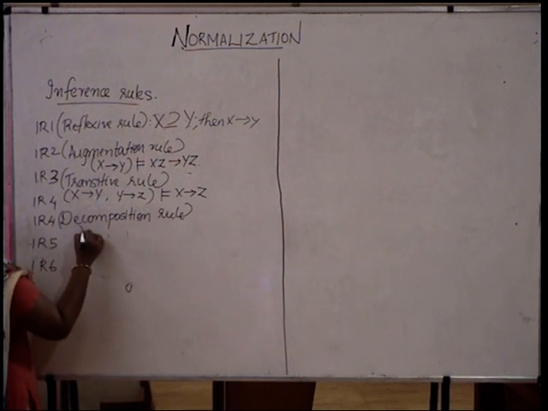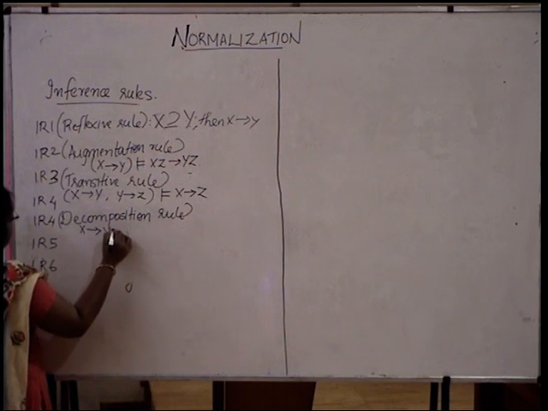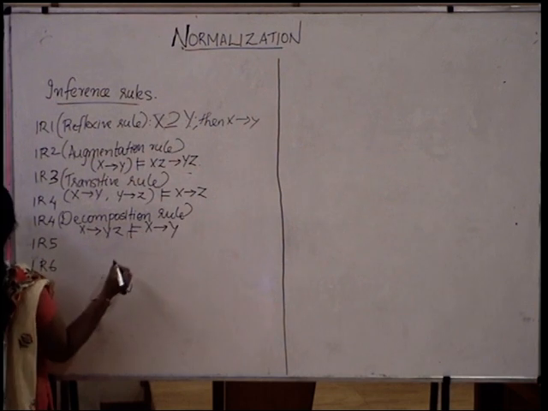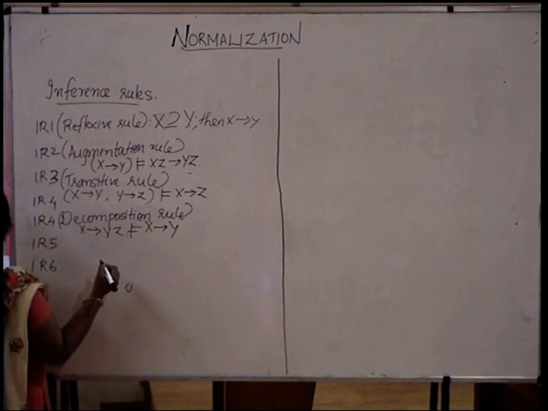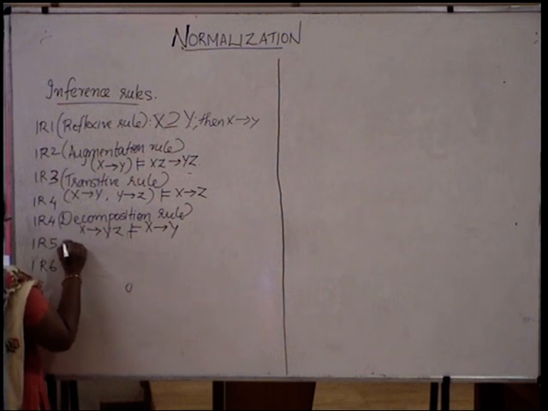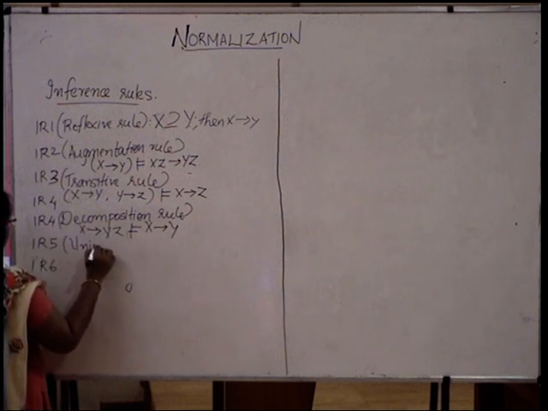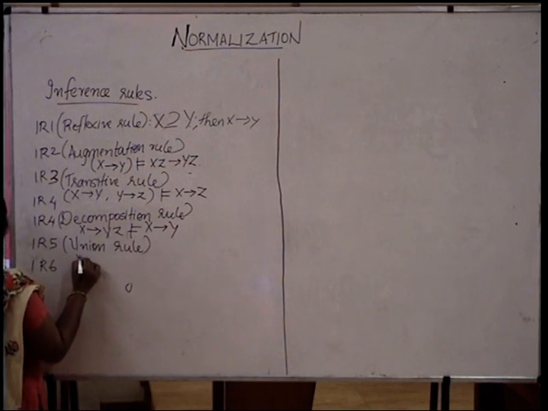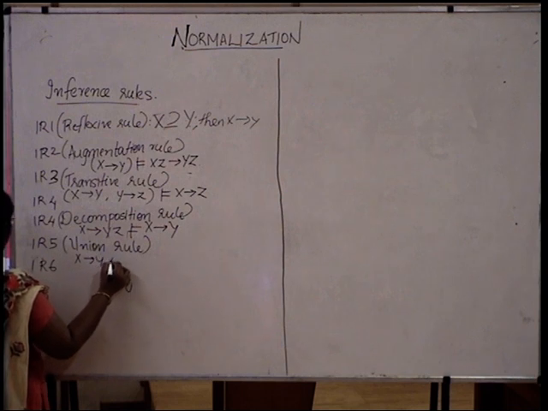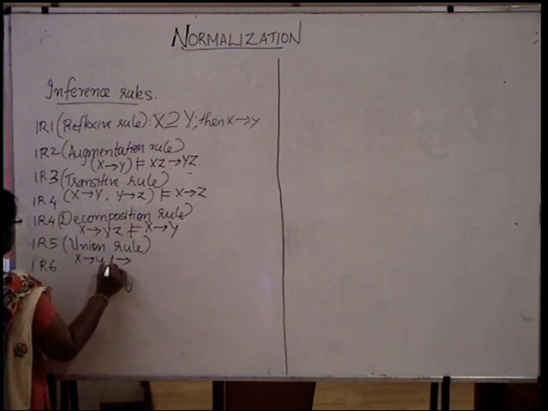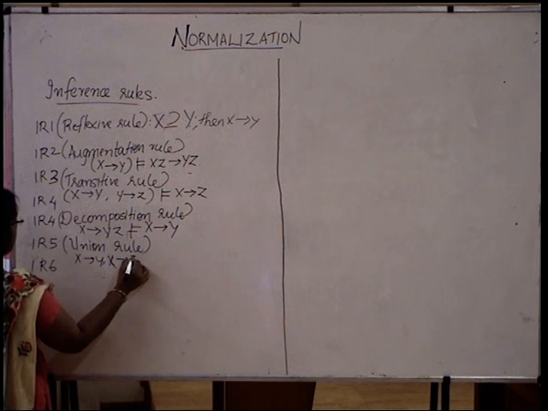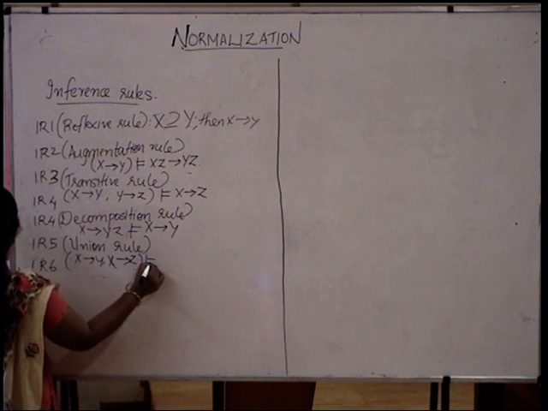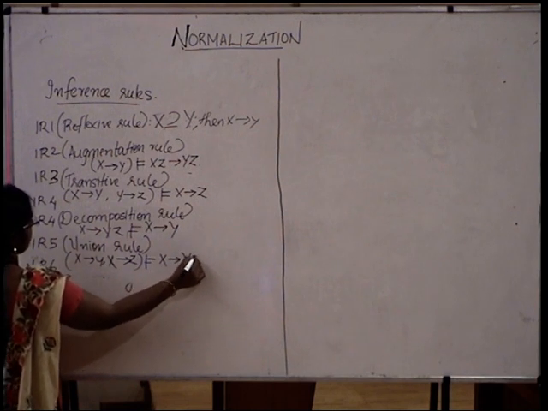X implies YZ indicates X implies Y. Next is union rule. X implies Y, comma, X implies Z indicates X implies YZ.